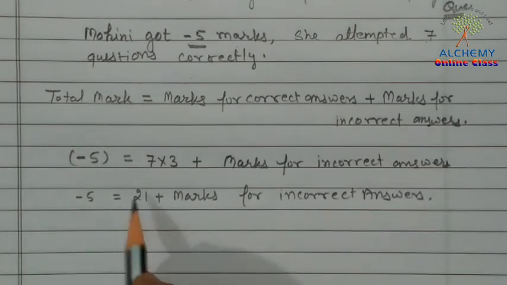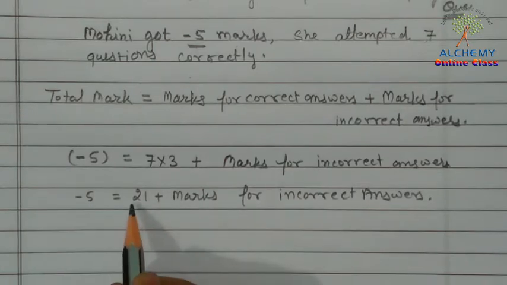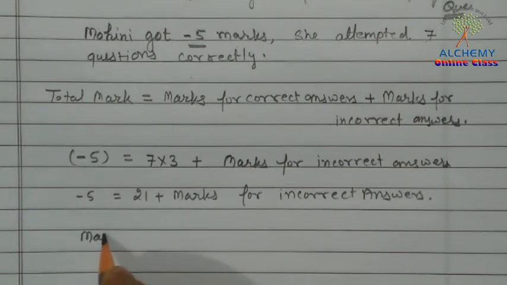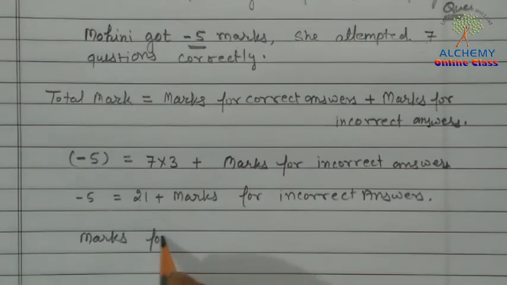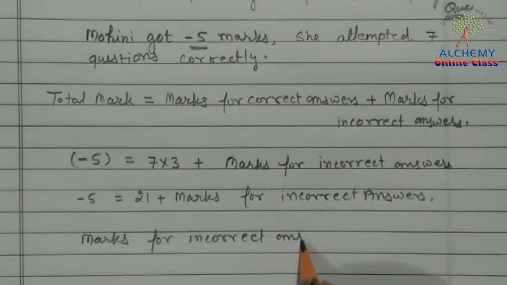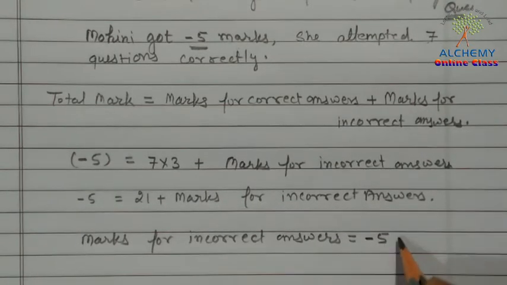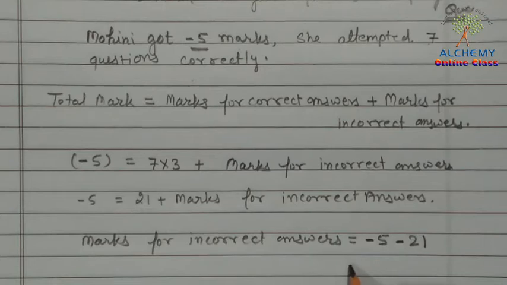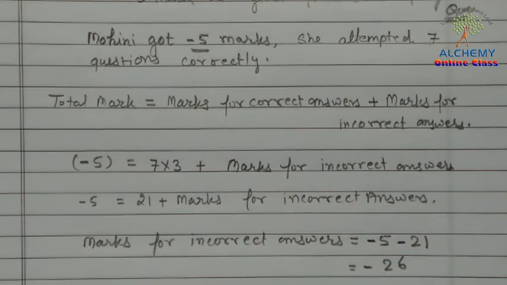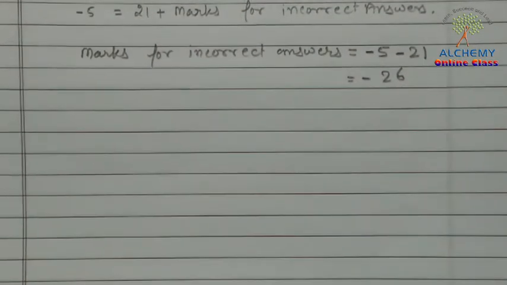When we take this 21 to the other side of equal to, it will be subtracted from -5 because it is in addition here. So we can write marks for incorrect answers is equal to -5 minus 21 is equal to -26. So she got -26 marks for incorrect answers.